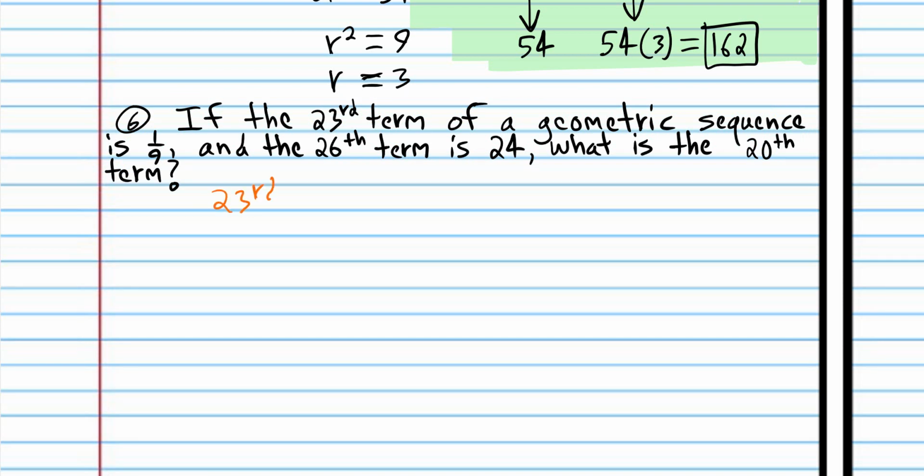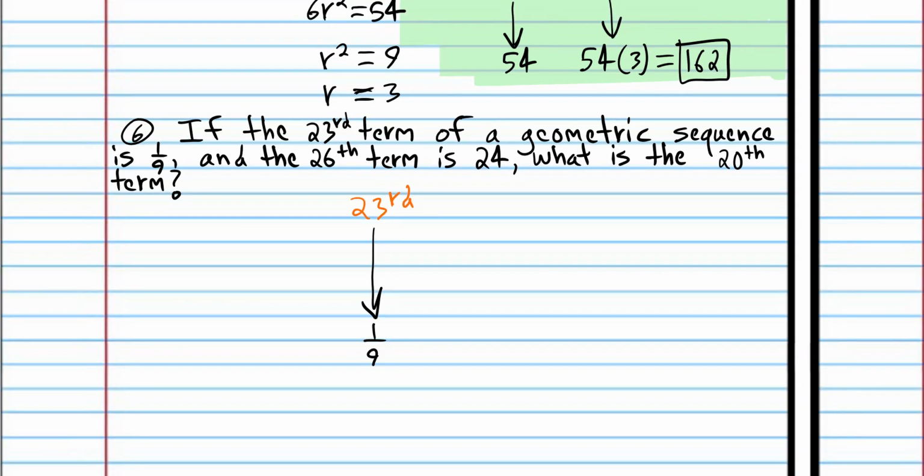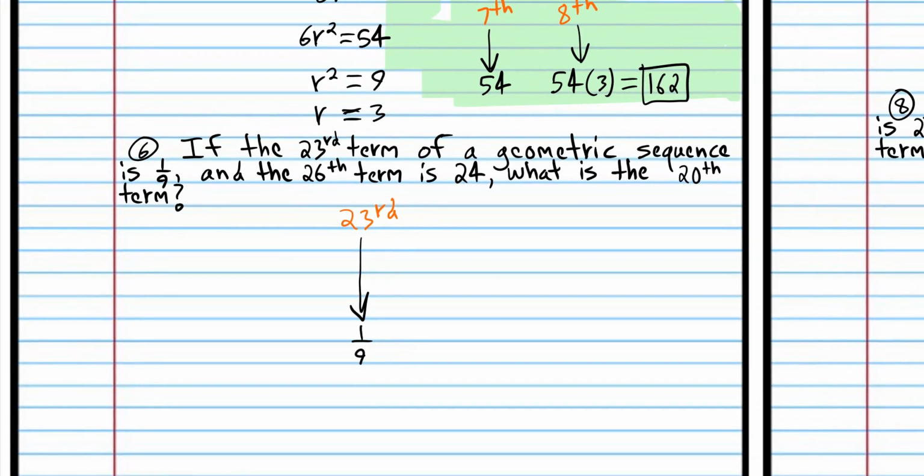So we know that the 23rd term is 1/9. And the 26th term is 24.